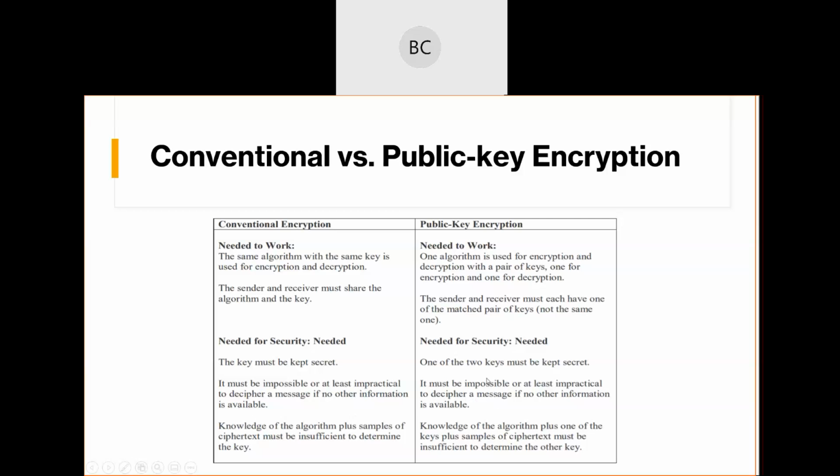In the case of public key too, it must be impossible or at least impractical to decipher a message if no other information is available. It's kind of the same actually. Here, knowledge of the algorithm plus samples of the ciphertext must be insufficient to determine the key, and here knowledge of the algorithm plus one of the keys plus samples of ciphertext must be insufficient to determine the other key. So you can say public key encryption is somewhat more secure than conventional encryption.